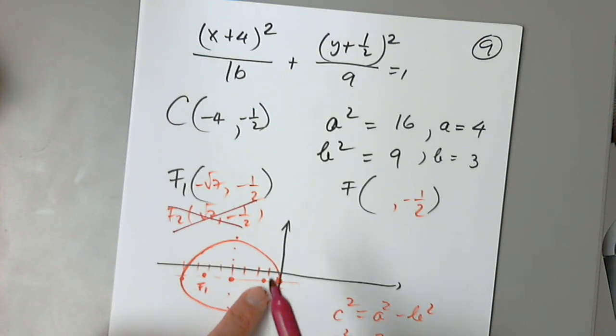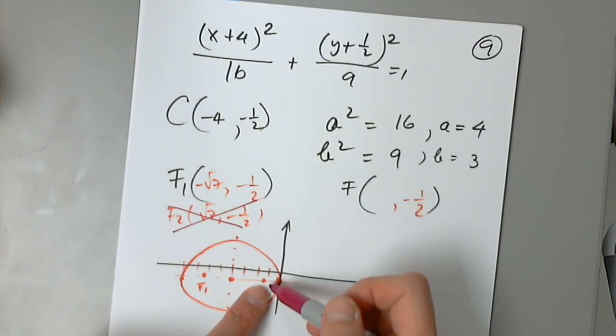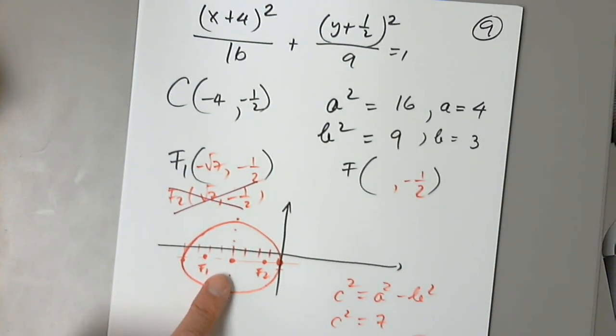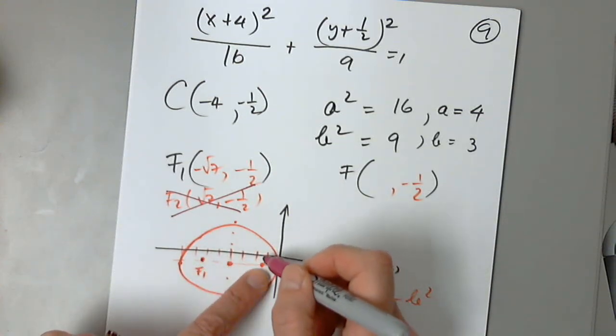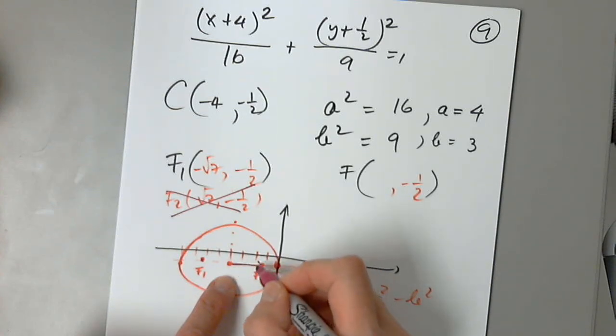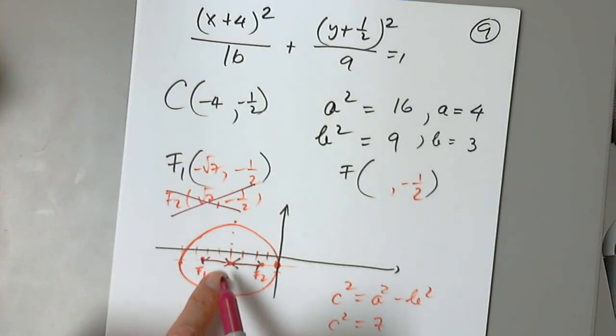This is correct. So this is the negative square root of 7 minus 1/2. So that's the C, right? And then this one has to be opposite. So one way would be to determine this distance and then make sure that we have the same distance on the other side of the center.